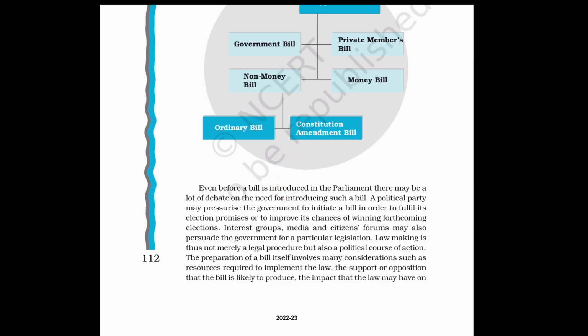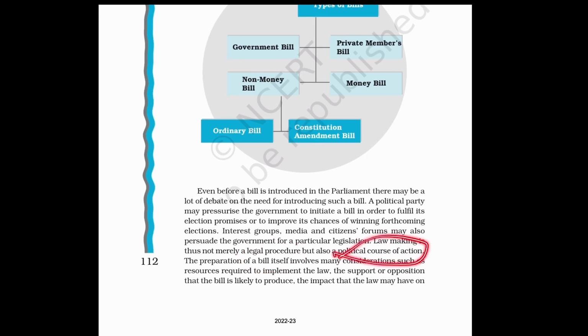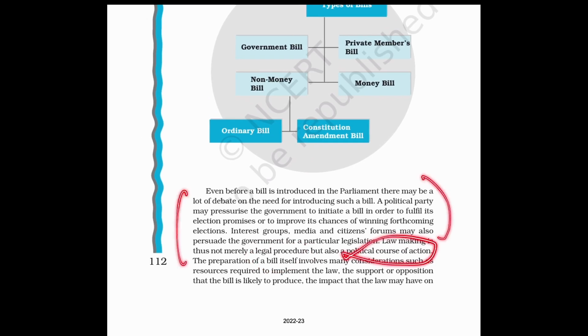Let's say a political party may pressurize the government to initiate a bill because of election promises, or to improve the chances of winning in the next election, etc. Government also might be persuaded by interest groups, media, and citizens forums that you should bring a law on this particular matter. So lawmaking is not just a legal procedure where one thing happens after the other. It is also a political course of action because it can make or break a government as well.